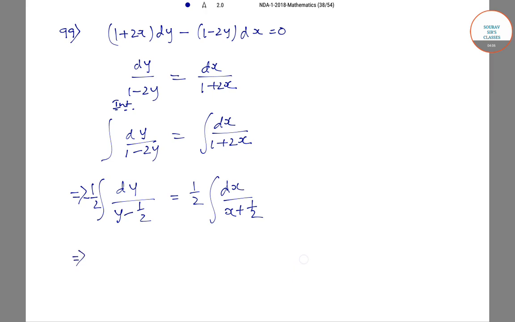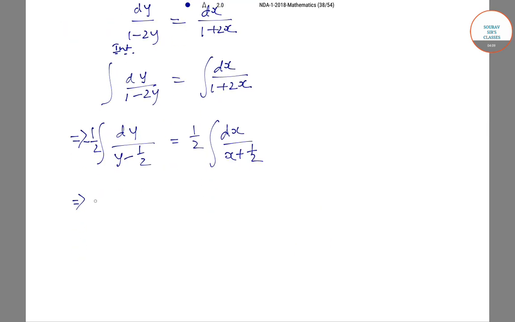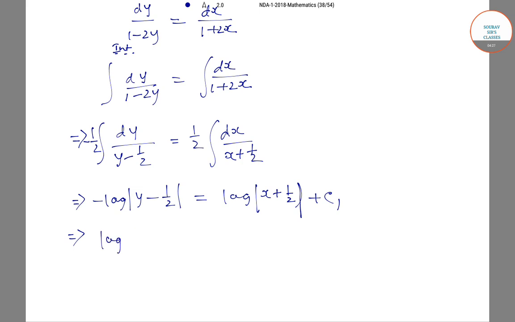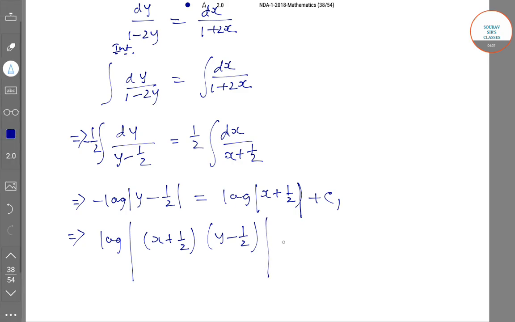So now if you further solve it, you will get minus log(y minus half) equals log(x plus half) plus c1. Now if you further solve it, you will get log modulus of (x plus half)(y minus half) equals minus c1.